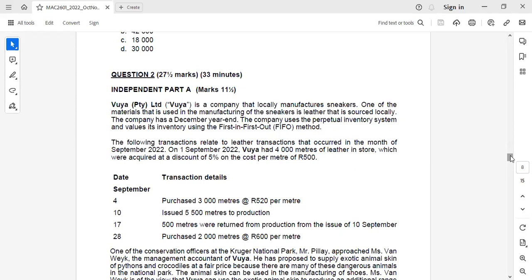Right. Now, the following transactions relate to leather transactions that occurred in the month of September. On 1 September, we had 4,000 meters of leather in store, which were acquired at a discount of 5% on the cost per meter of 500. Right, so that means that was the opening inventory. The inventory that is there at the beginning of the period, we call it the opening inventory.